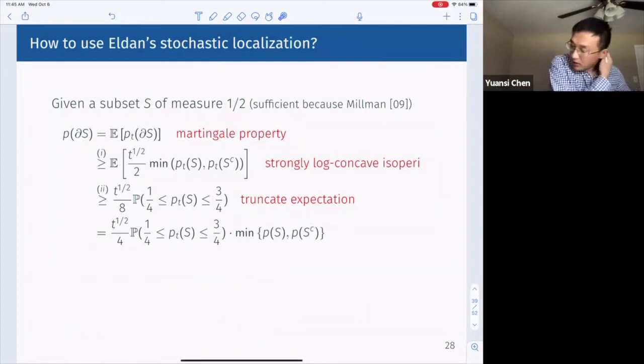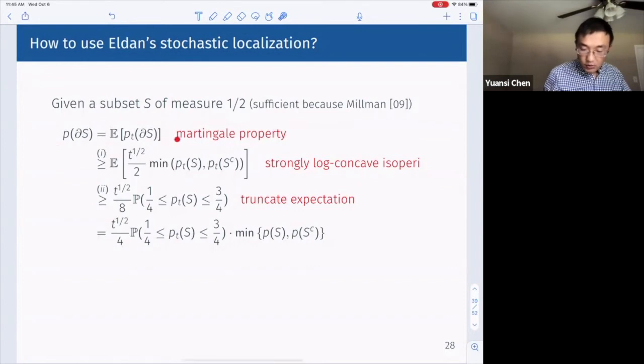Like Boaz explained, it's proved in an earlier paper and also in Milman 2009 that for log-concave densities, to prove an isoperimetric inequality you only need to consider subsets of measure 1/2, because of some kind of convexity of the isoperimetric profile, but we don't explain that here. So we want to prove the boundary measure is larger than something times the minimum of p(S) and p(S complement). And the way you do it, you go through the transformed densities.